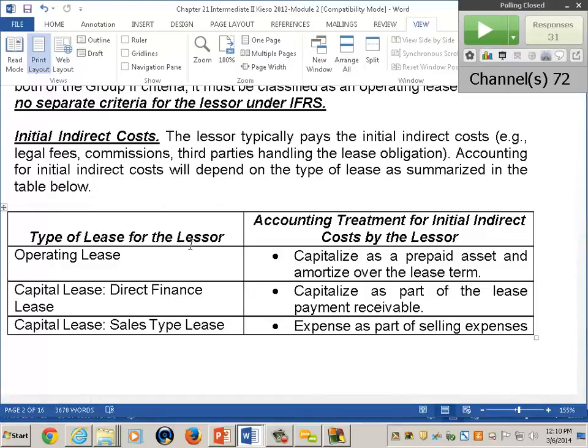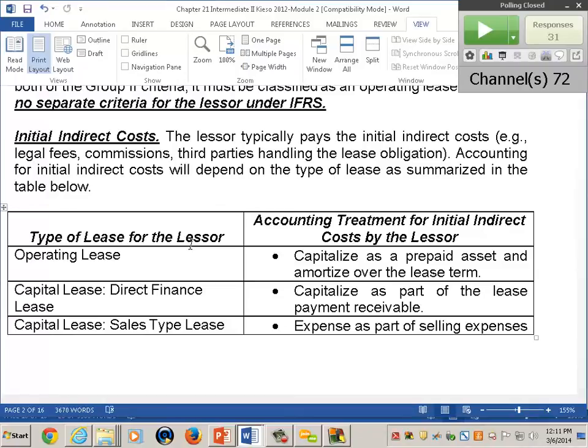When we look at the lessor, the lessor is responsible for these upfront or initial costs. This would be handling, legal fees, contracting costs, and sales commissions.